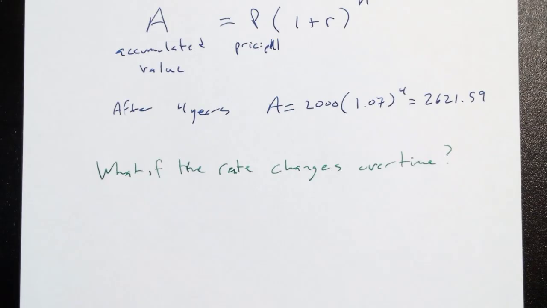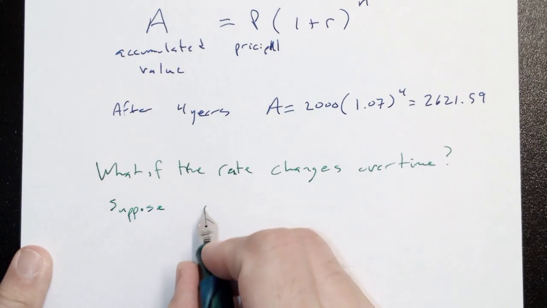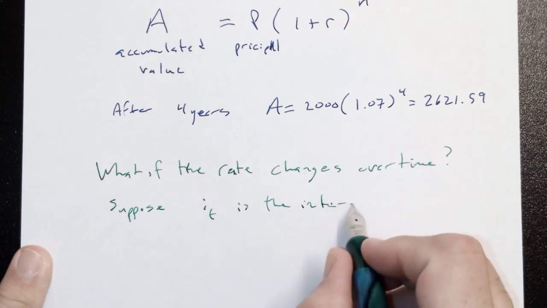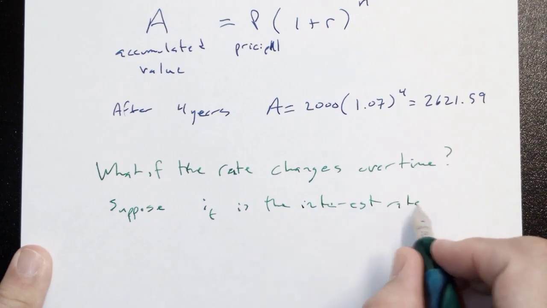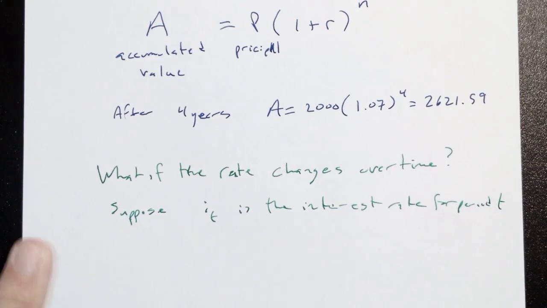If the interest rate changes every day, I'm in deep trouble. And this is going to be a real computer problem at that point. But let's run with the assumption that the interest rate is constant per period.